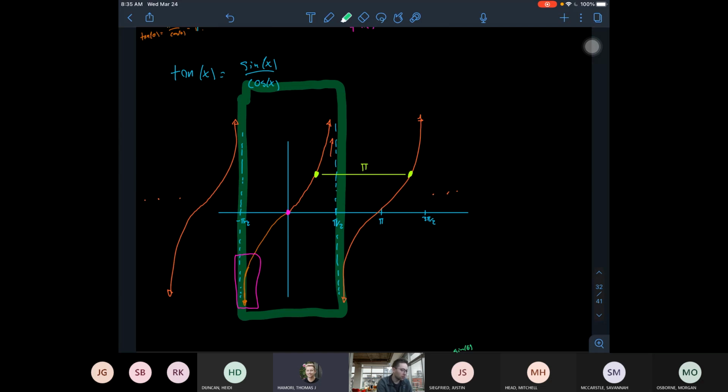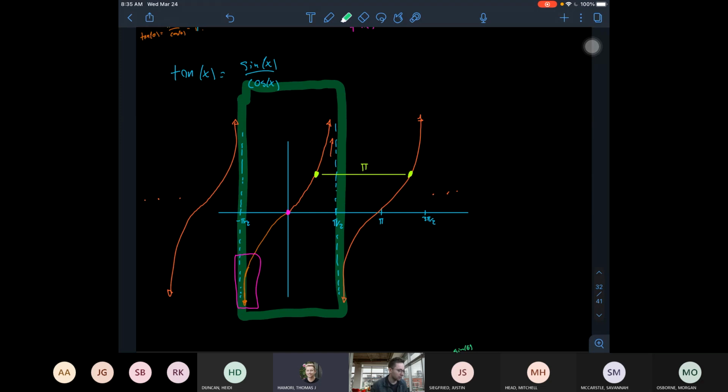Some instructors, when they teach this section, just show you the graphs and say, okay, memorize the graph. For me, I just really don't like that approach, because I feel like it's just busy work for you guys at that point.